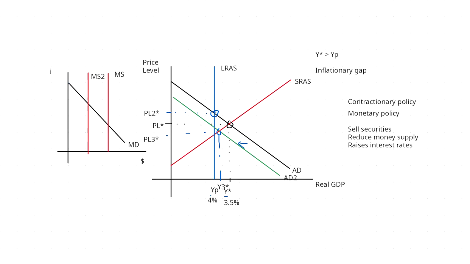So initially you have your equilibrium interest rate right here at I1, I star, and then you have a new equilibrium at I2.